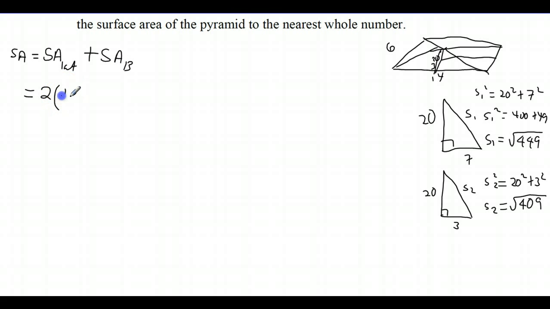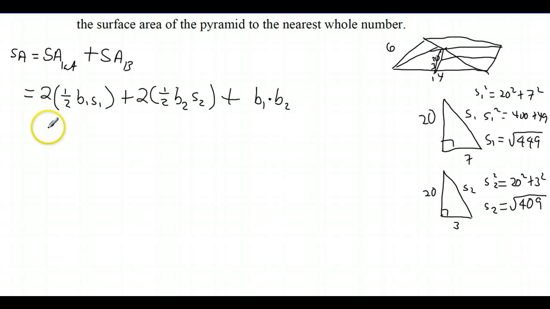So, okay, let's say 1/2 B1 S1 plus 2 times 1/2 B2 S2. Right, so we've got one base which is 14, and that has a slant height of root 409, and we've got one base which is 6 and has a slant height of root 449. Okay, and that's the lateral surface area, and then the surface area of the base will be B1 times B2.